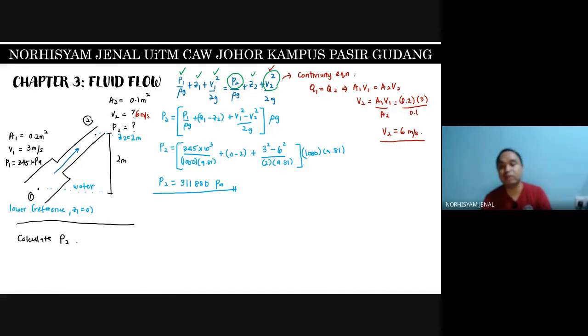If we have two unknowns and the other one is V, we see V1 over here is available and area is available, so we have a good calculation on the continuity equation and we can actually find V2. So for this question over here, the P2 is 311,880.